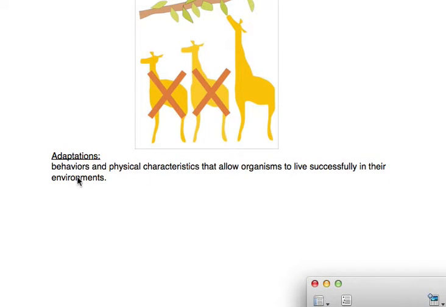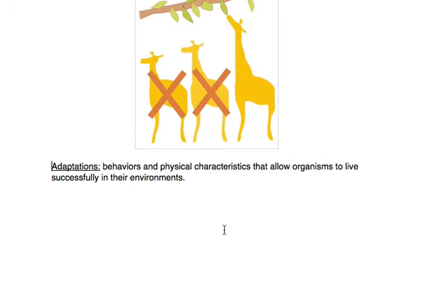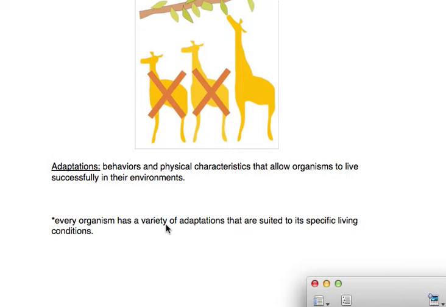It's important to note that every organism has a variety of adaptations that allow it to live and survive. Every organism has a variety of adaptations that are suited to its specific living conditions.